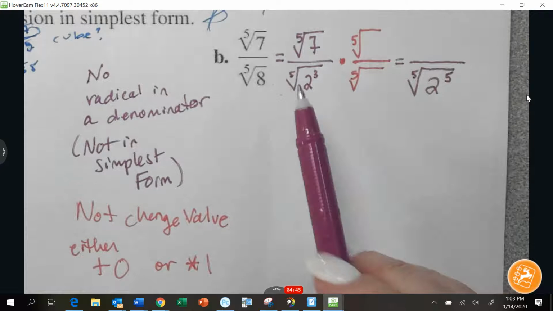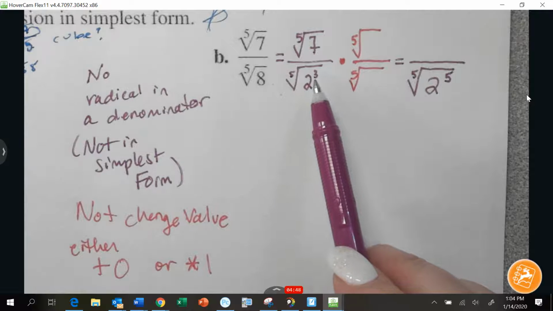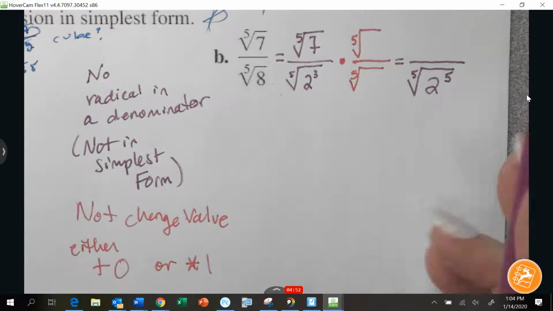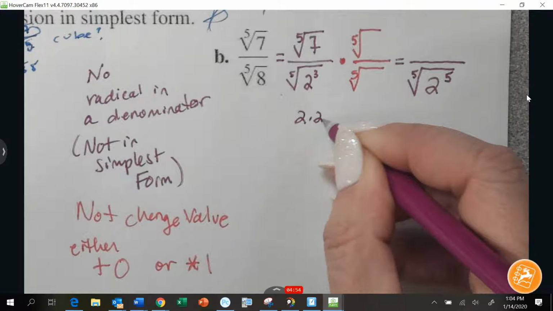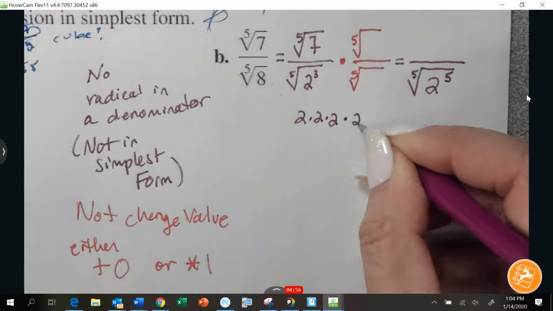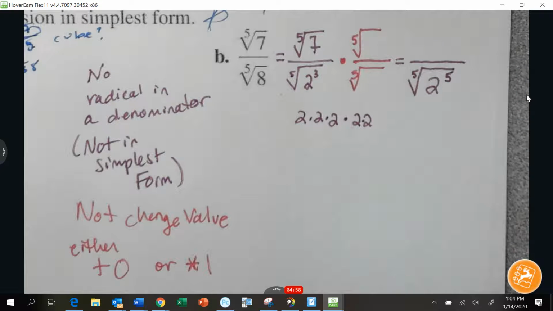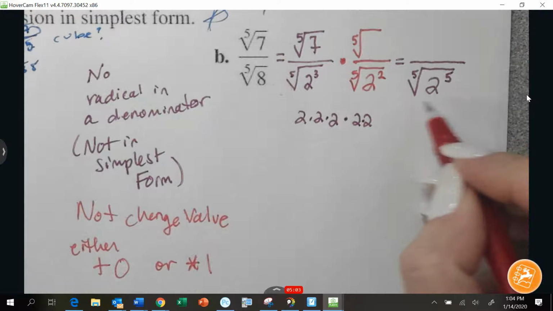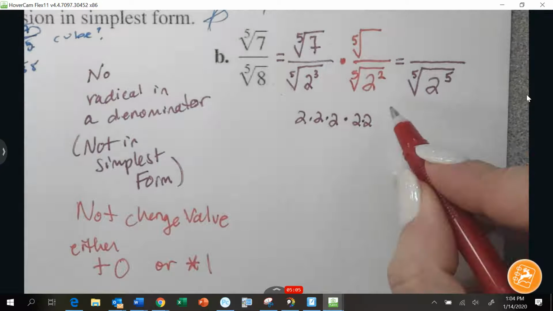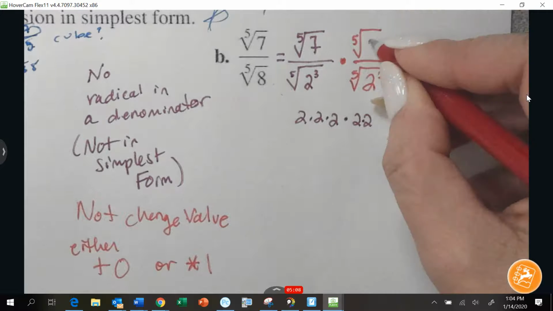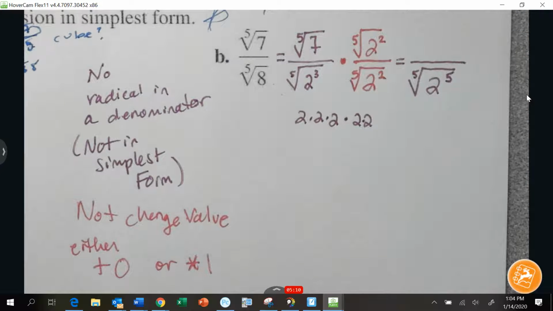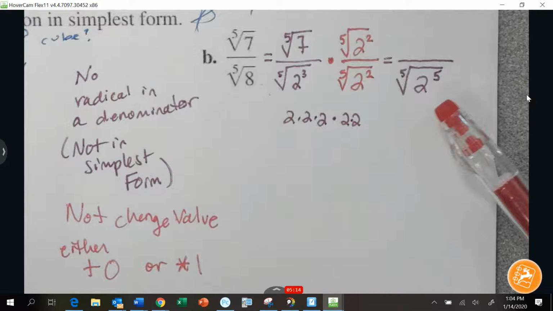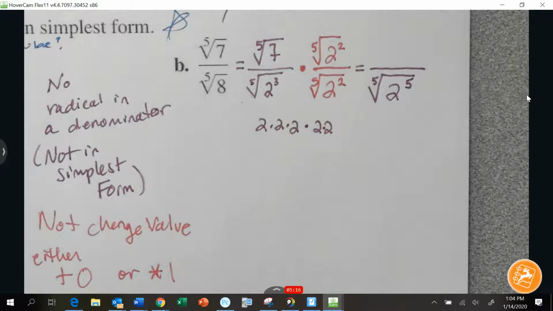So what can I multiply 2 to the third by that changes it into 2 to the 5th? 2 to the third multiplied by 2 more 2's, which is 2 to the 2nd, completes that 5. But if I do it on the bottom, I have to do it on top. So it has to be the same thing. This has to be a value of 1. So we're just changing the appearance. We're not changing the actual value of it.